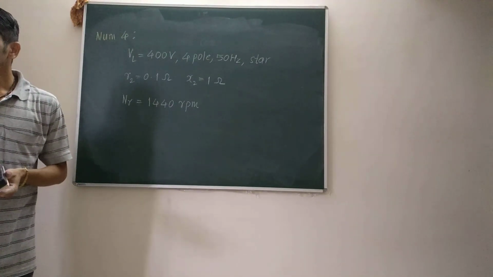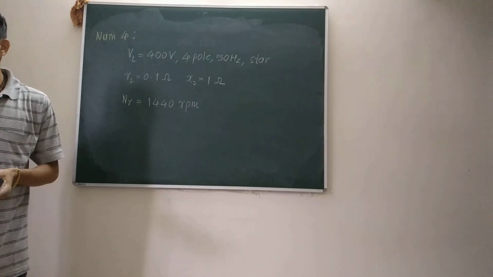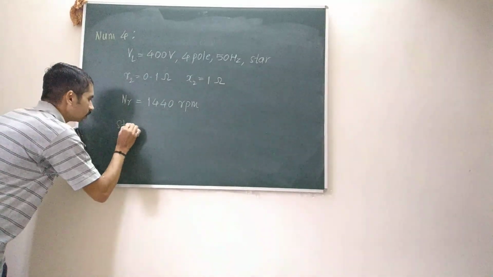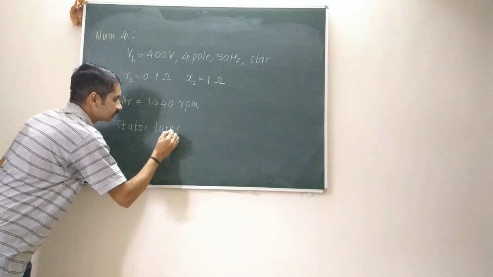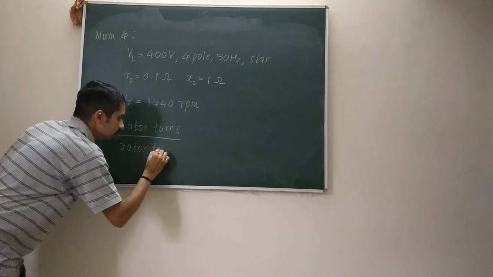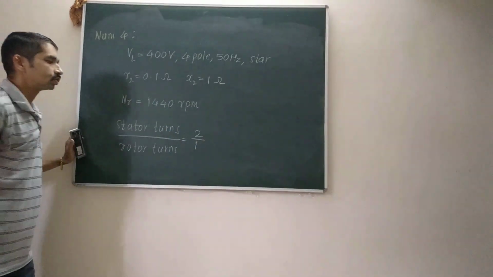Calculate the torque developed on full load by the motor, assuming stator to rotor turns ratio as 2:1. So one more information they have given: the ratio of stator turns to rotor turns is 2:1.